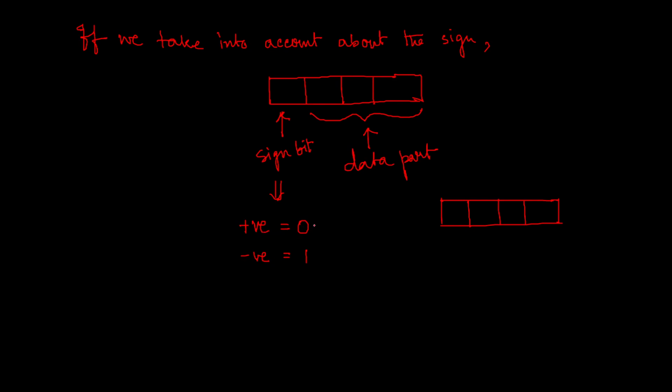Maximum positive value means this part will remain 0 because the number is positive, but it is maximum, so the other bits will be 1. So that means the maximum positive will become plus 7. This 111 means 7. If you find the corresponding decimal, you will see it is 7.